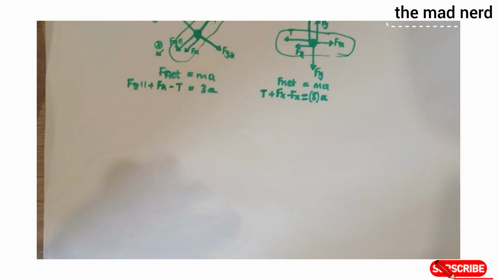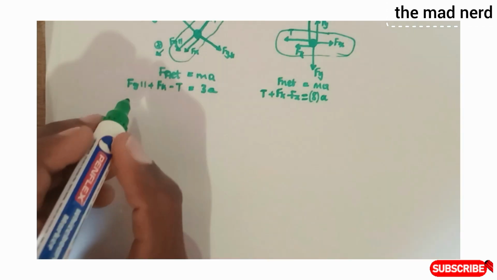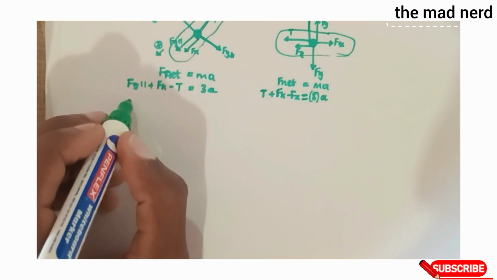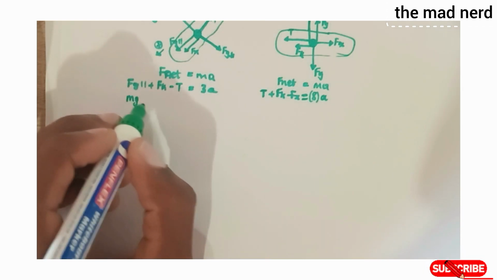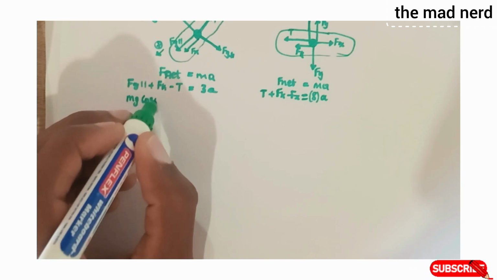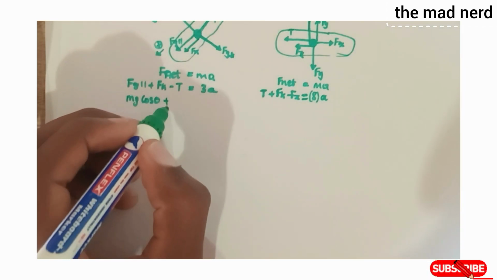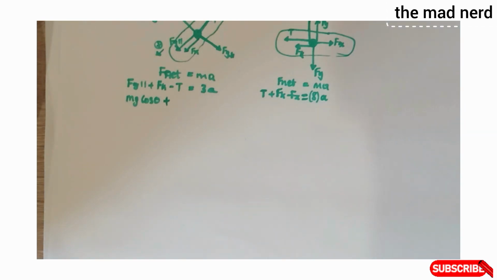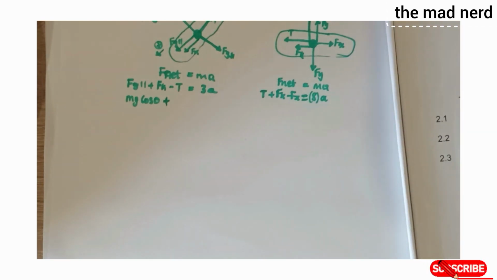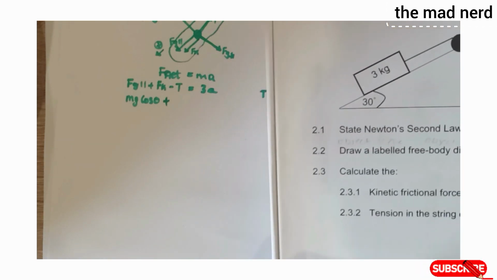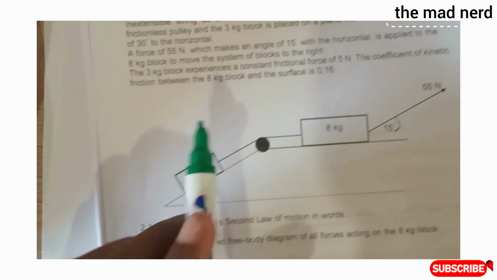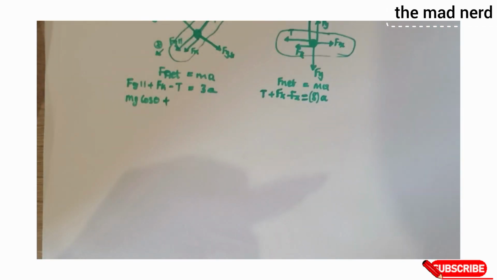Now let's plug in everything that we have. For us to get the Fg parallel, we can say Mg cos theta, which is the same as Fg parallel. And then the kinetic friction on the 3 kg block was said to be 5 newtons.